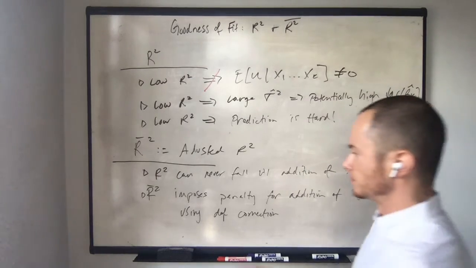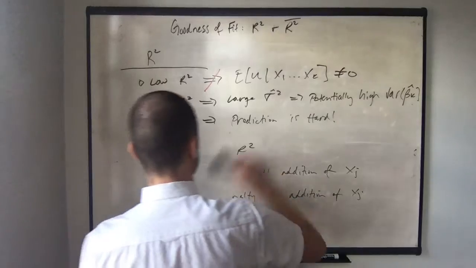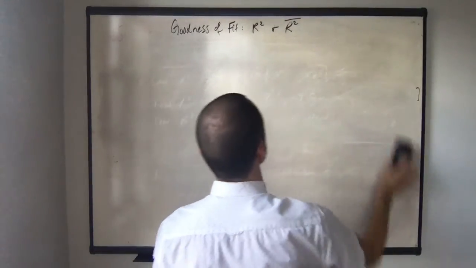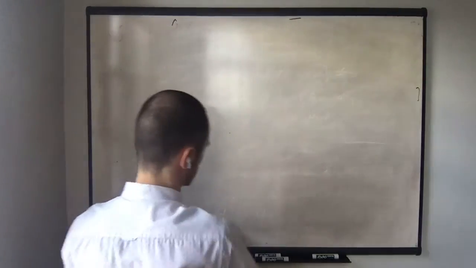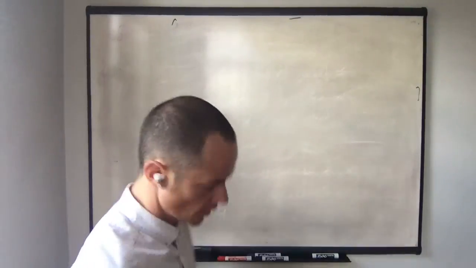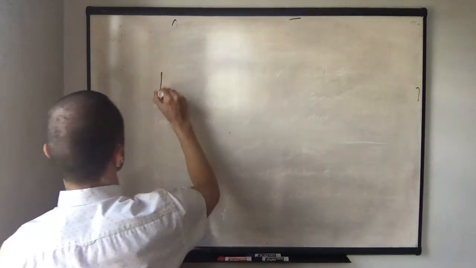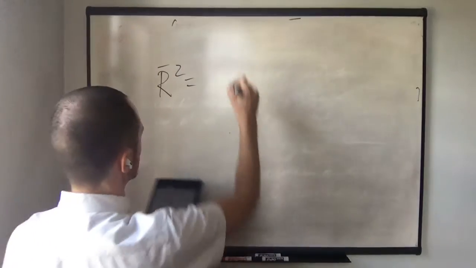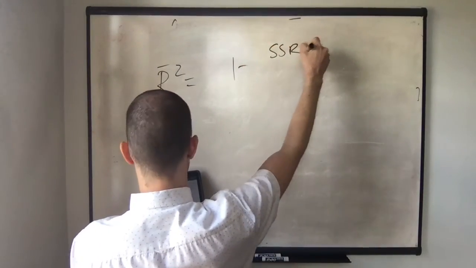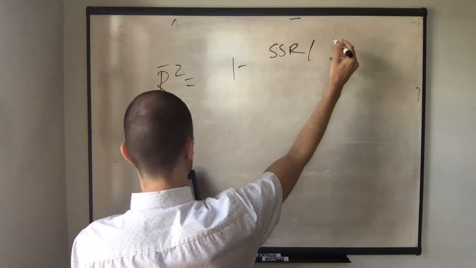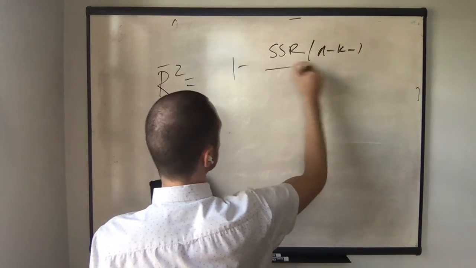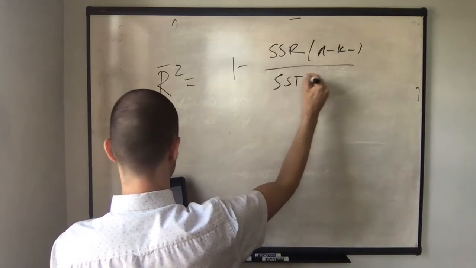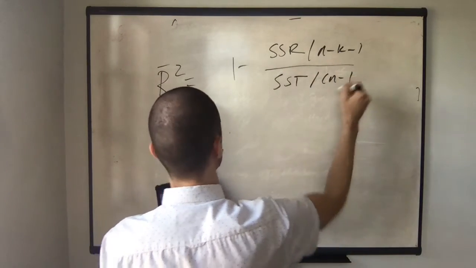Let's look at the equation and make that concrete. So we can write adjusted r squared as two ways. It's either 1 minus sum of squared residuals over n minus k minus 1 all over total sum of squares divided by n minus 1.